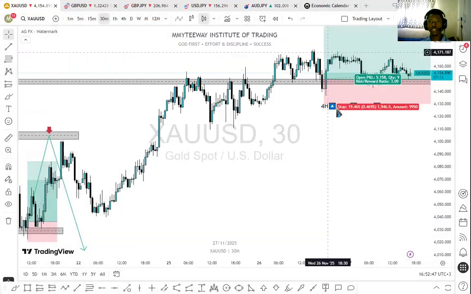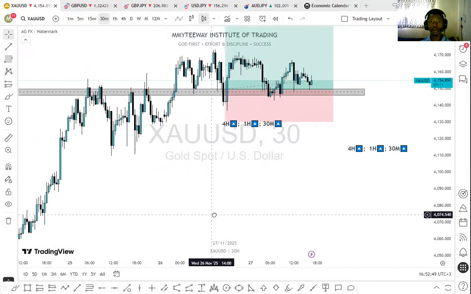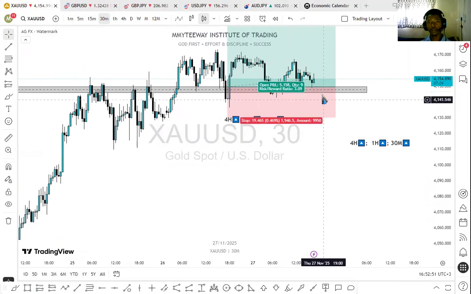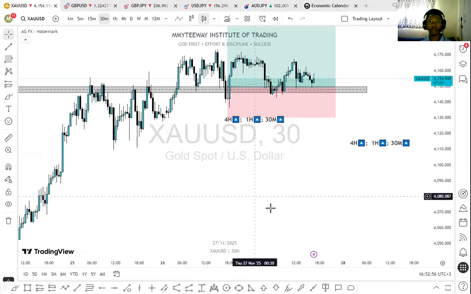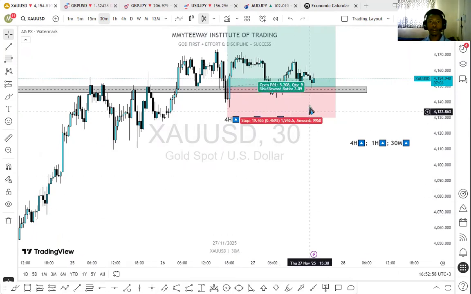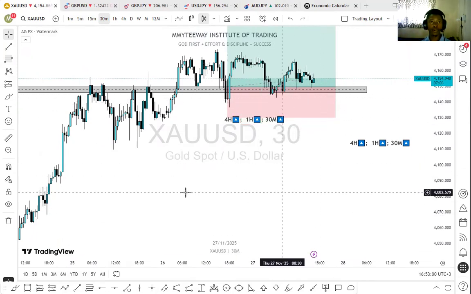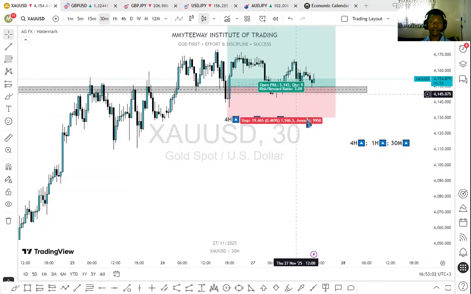Those who had not yet entered gold, the price is still good. People can still enter. This is the only trade we are taking in the live session. People can still enter the trade on gold, but your stop loss will no longer be 200 pips like mine.